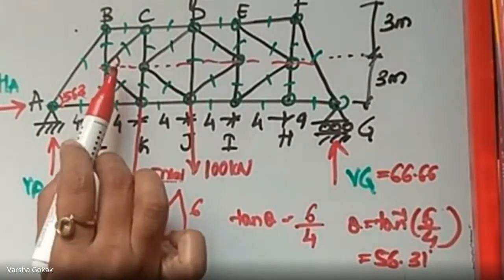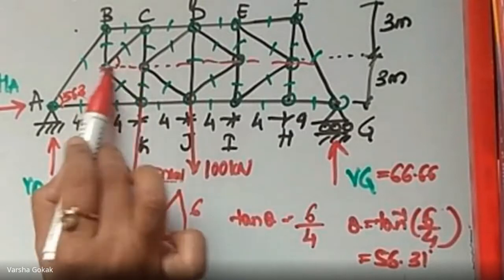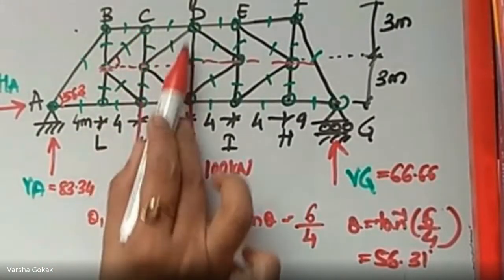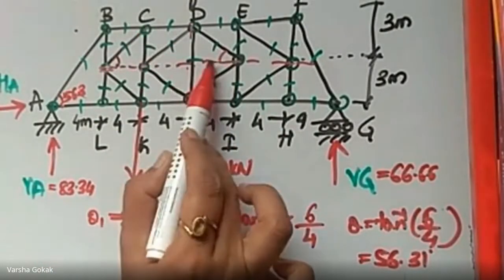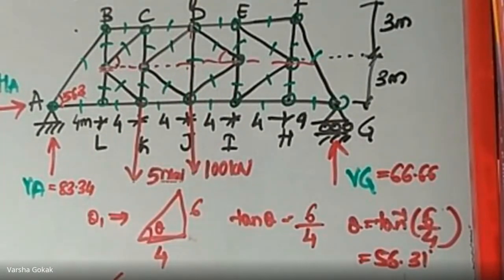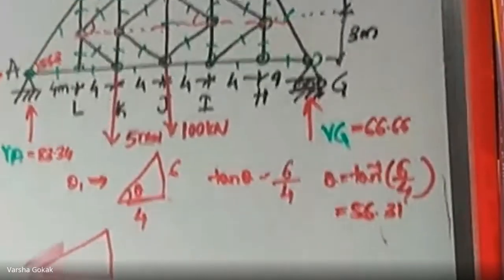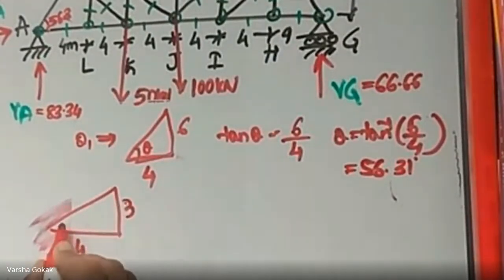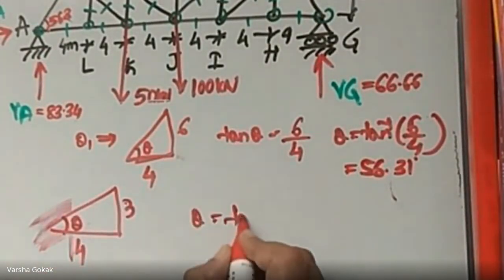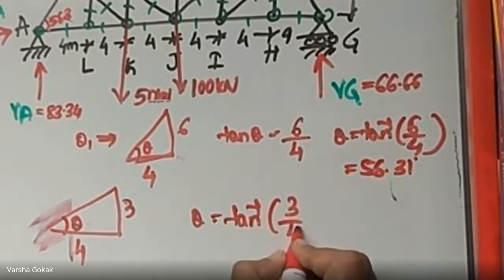Once that is done, we want to find these. These all triangles are the same, right? Base is 4, height is 3. If I look from here, base is 4, height is 3. So we have triangles like this, or the other way around, whose bases are 4 and height is 3. I want this angle, theta. So theta would become tan inverse of opposite by adjacent, 3 by 4.